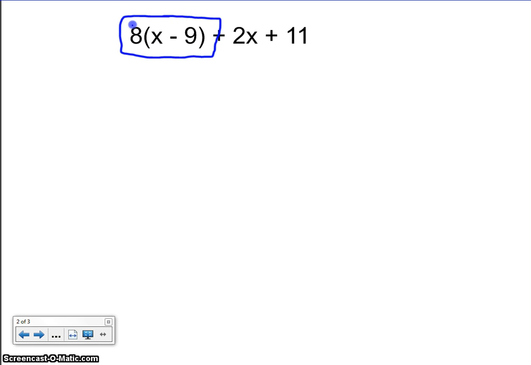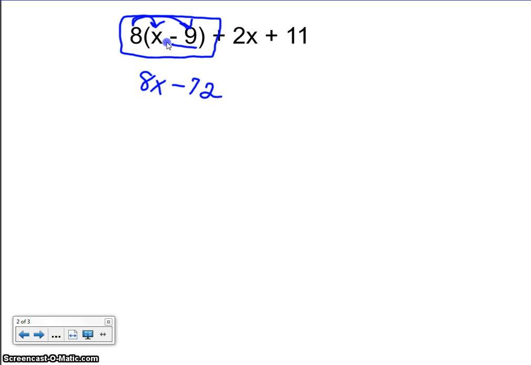Alright, so the distributive property says I need to multiply the 8 times both terms that are inside the parentheses. Okay, so an 8 times an x is an 8x. Then 8 times a negative 9, remember the sign goes with the term behind it, is a negative 72.